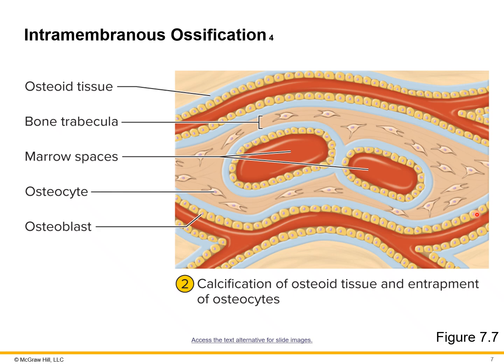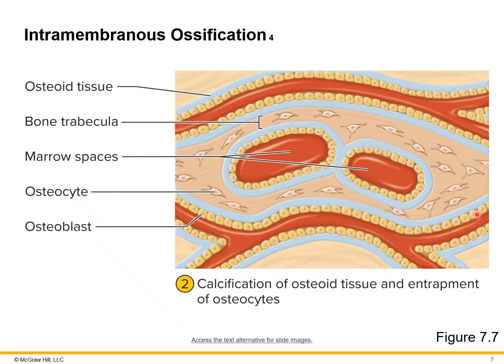This is going to harden that matrix, and continued osteoid deposits and mineralizations will start to squeeze the blood vessels and future bone marrow into more and more narrow spaces. They will also then become surrounded by a calcified matrix, and the osteoblast gets trapped, and he is going to become an osteocyte.